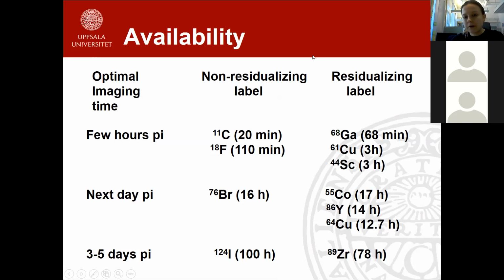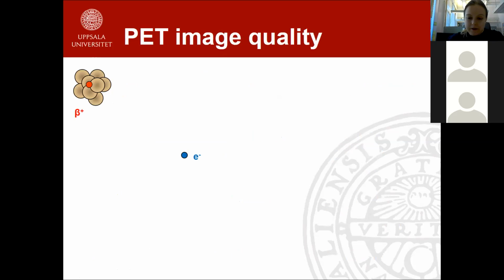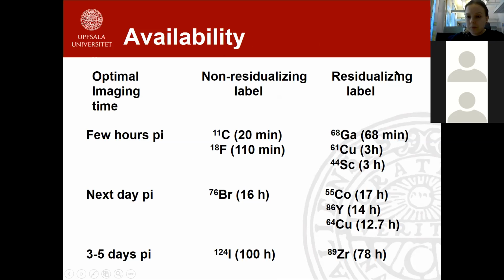So for yourself, you can just memorize that residualizing labels are radiometals and non-residualizing labels are halogens as well as carbon-11. So this is like the general rule. And actually, we will look a bit more into biological behavior later, and I will explain once again what is non-residualizing, what is residualizing, and why it is like that. And so we will really look at a lot of examples later on in the lecture about that.